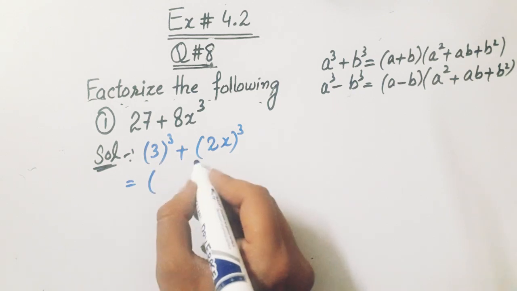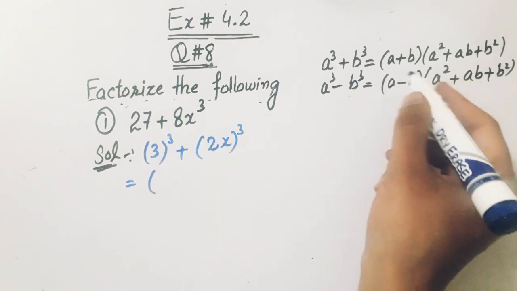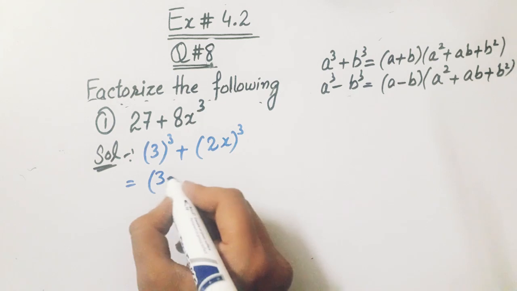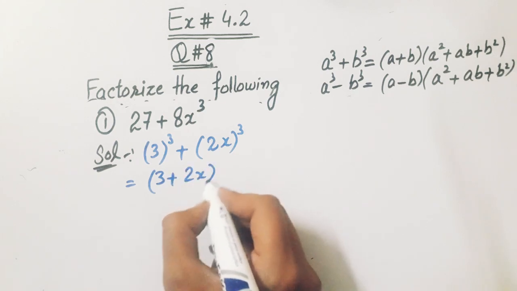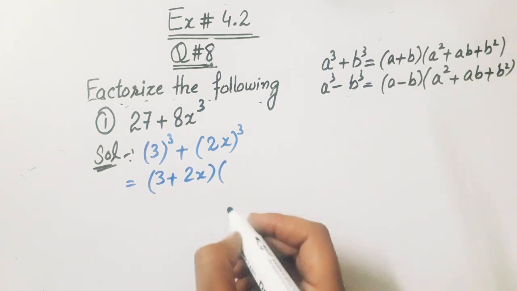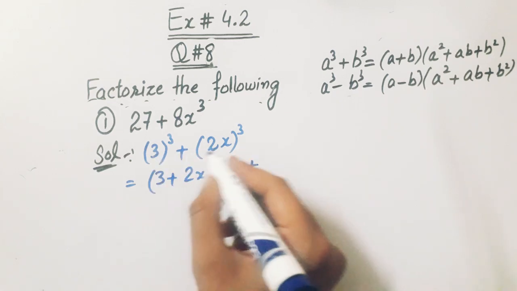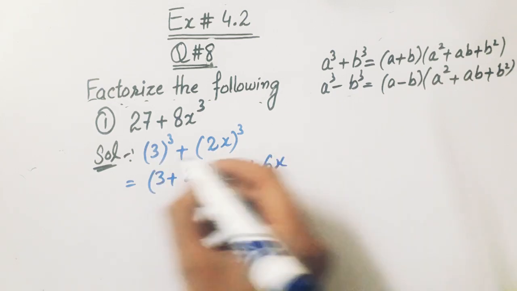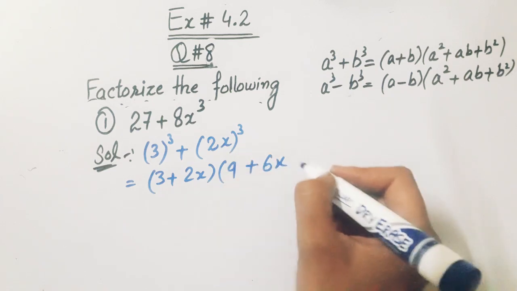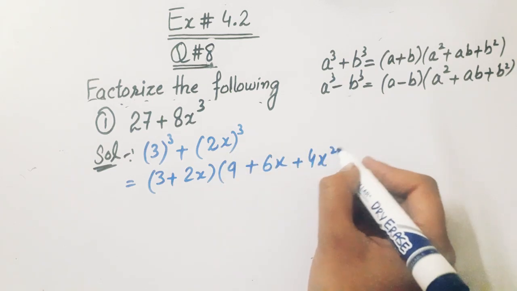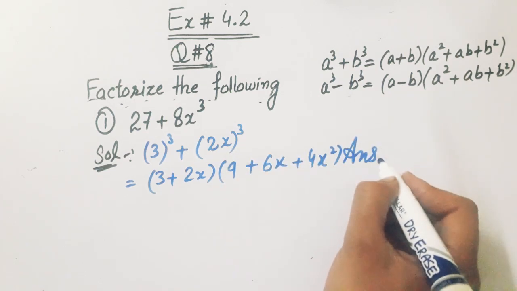Now we apply the formula of a cube plus b cube, that is a plus b, means 3 plus 2x, then a square plus ab plus b square, means 3 square is 9, plus multiply both these, 6x, and the square of the last term, that is 4x square. So this is the answer.